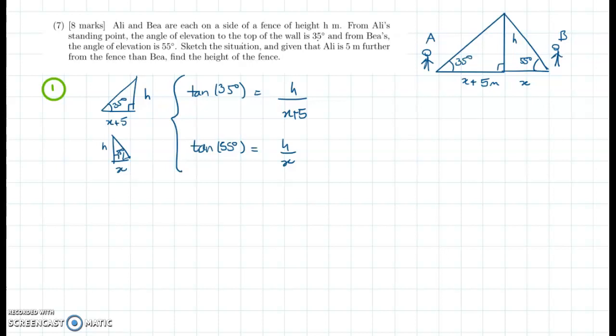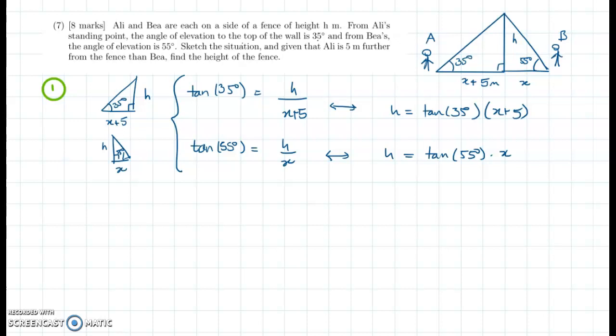And we are going to isolate h on each of the equations because that's the easy thing to do. So we are going to say that h is the same as tangent of 35 times x plus 5, and also h is the same as tangent of 55 multiplied by x.